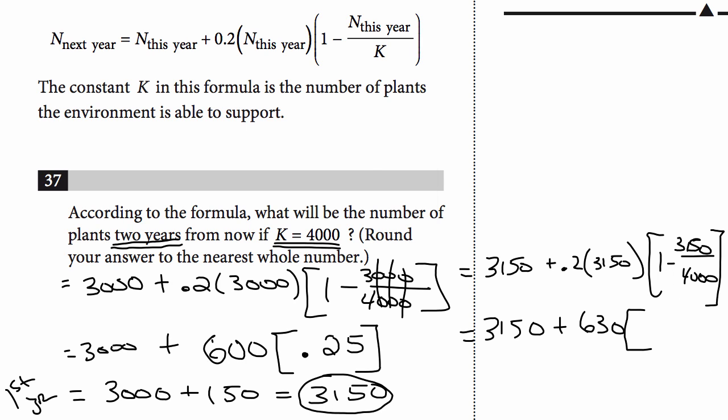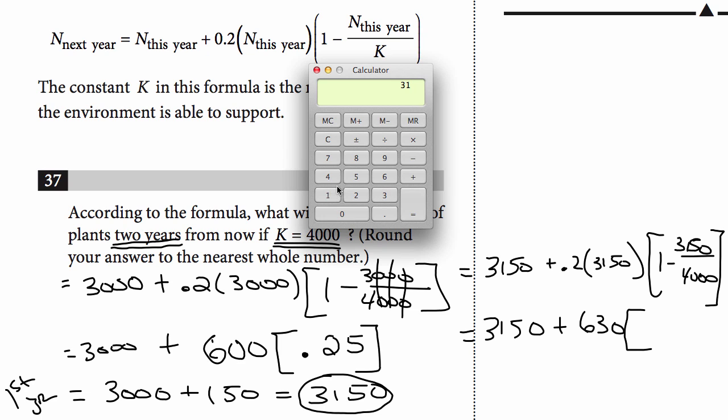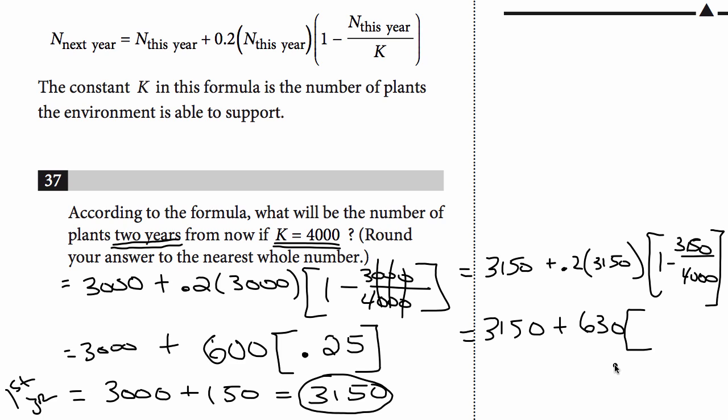Let's figure that: 3,150 divided by 4,000 is 0.7875. So 1 minus 0.7875 is 0.2125, and we'll just multiply now.